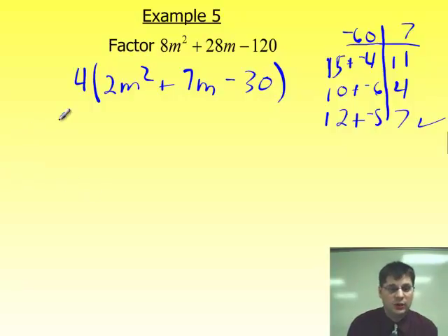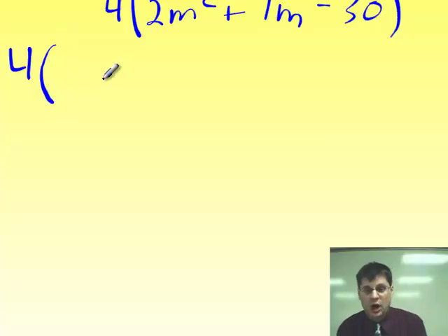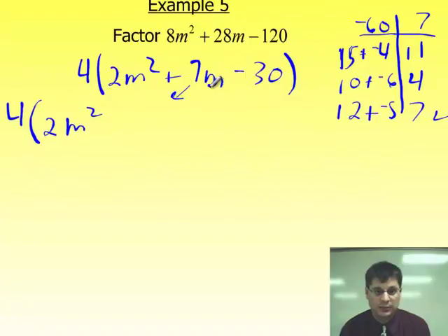Okay, so in our next line, in our factoring, we include the 4. You don't disregard the 4. It carries all the way through to the end. And so we're left with 2m squared, and then the 7m, remember, we're splitting that up into two terms.